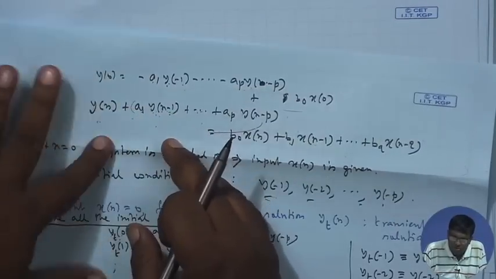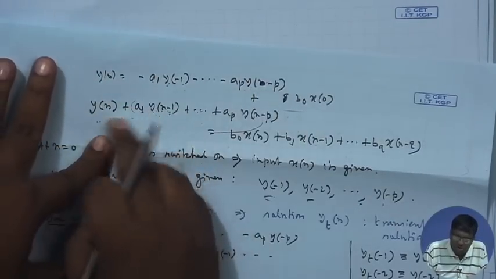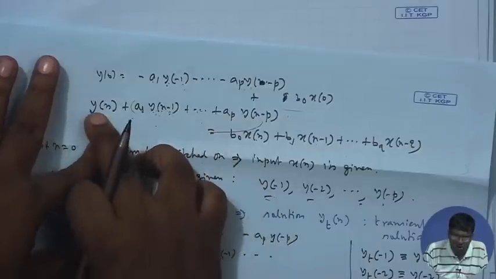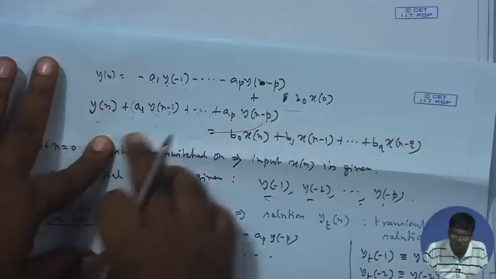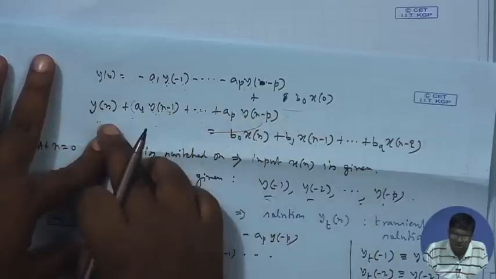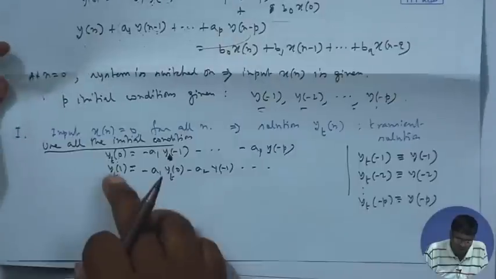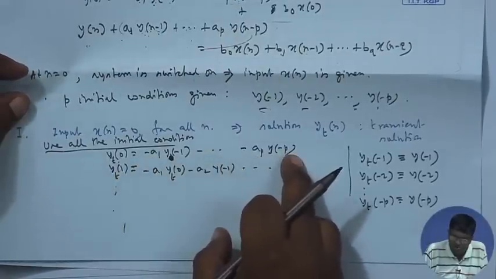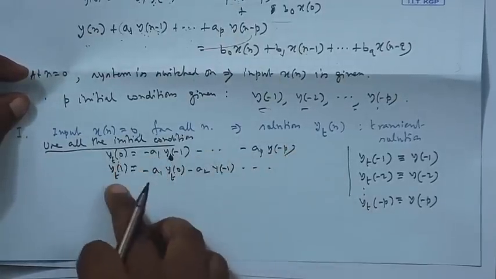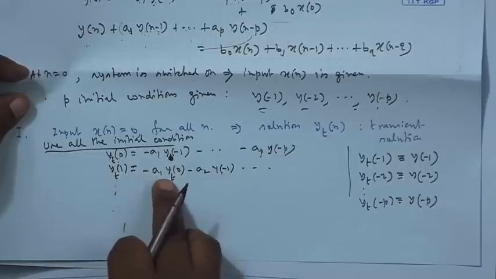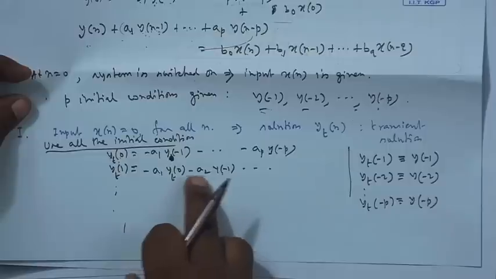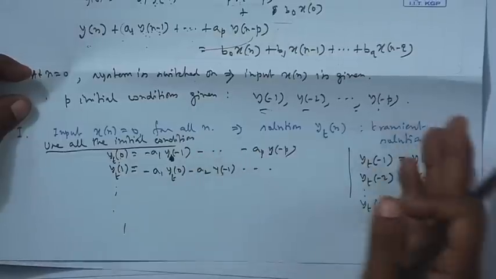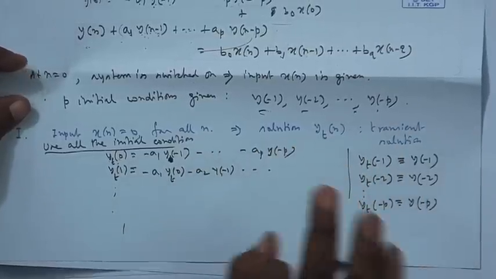So, no input, and solve this equation by using the given initial conditions, that y t 0, y t 1, y t 2 are all obtained from the past, that is, the given initial conditions. y t 0 is minus a 1 y minus 1 dot dot dot minus a p y minus p, they are given. So y t 0 is known, then y t 1 was minus a 1 y t 0, already obtained, then minus a 2 y minus 1, use the condition, and so on.